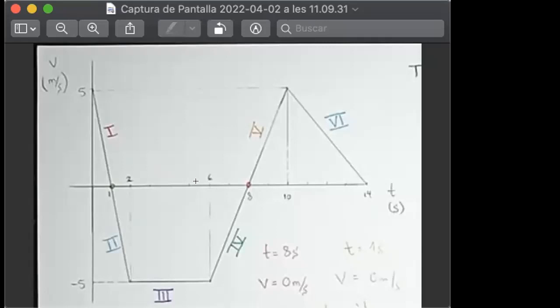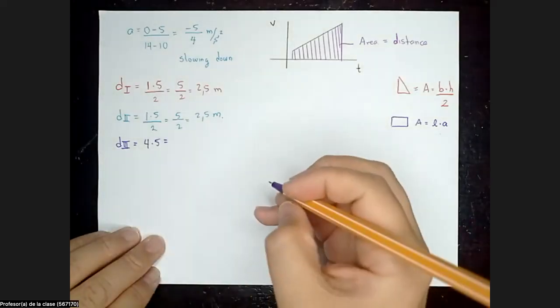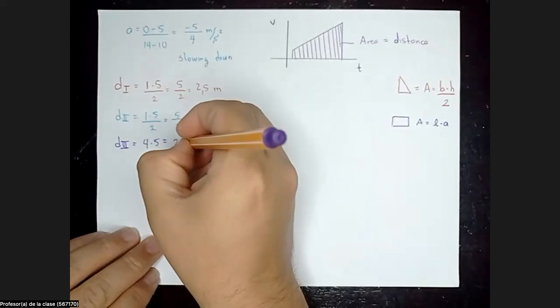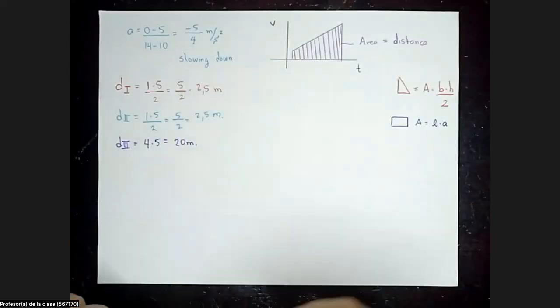And the width is going to be 5, right? So 4 by 5 is going to be 20 meters. That's going to be the distance on the third interval that the object made. Okay, excellent.